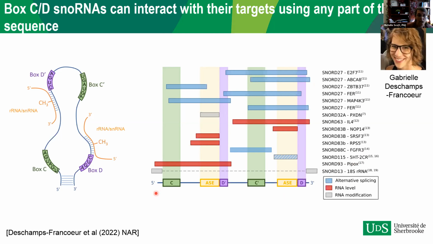Here we're looking at all these box C/D snoRNAs collapsed from their 5' to their 3' ends, and the ASE here is what's known as the guide region, the antisense element. All canonical interactors would bind on these yellow highlighted regions, but what you can see here is that the non-canonical interactions overlap with other regions of the snoRNA, not just these guide elements. In fact, some of these interactions don't involve the guide sequence of the snoRNAs at all.